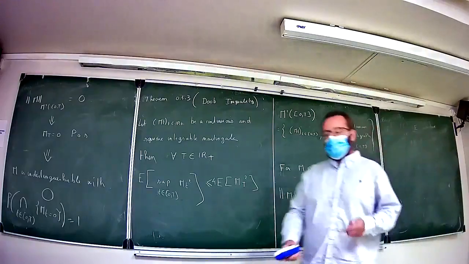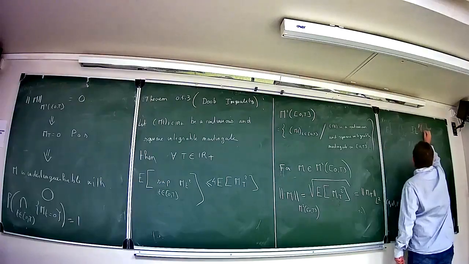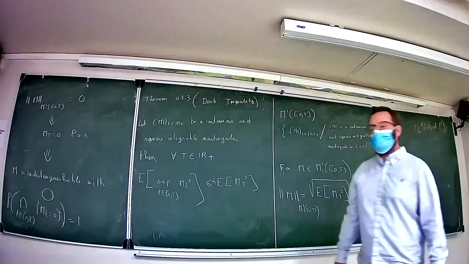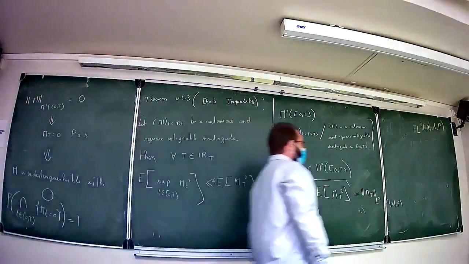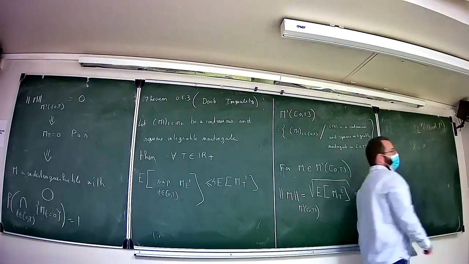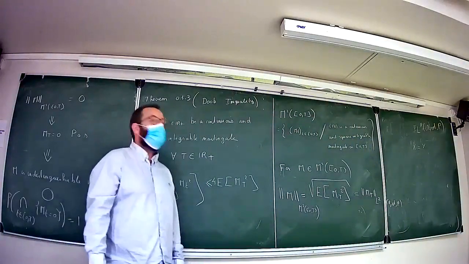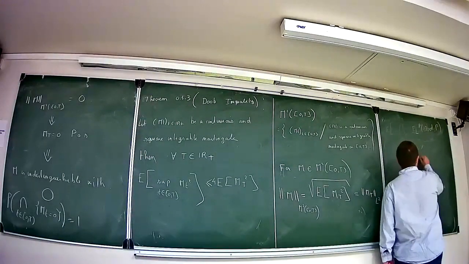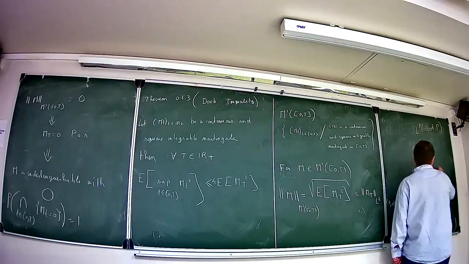So for example, if you take the space LP, if you have two elements in LP, the notion of equality is the almost sure equality: X is equal to Y is equivalent to the fact that the probability that X is equal to Y is 1.